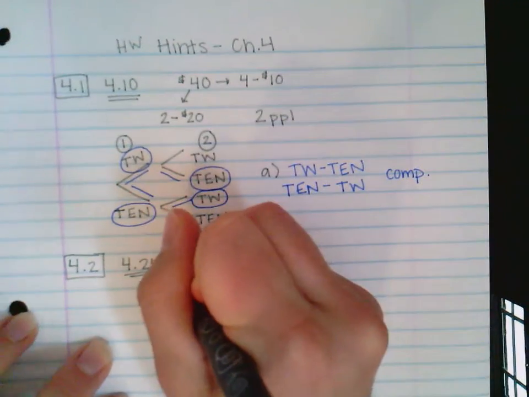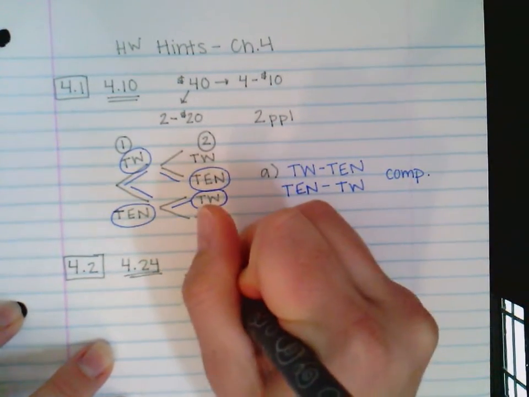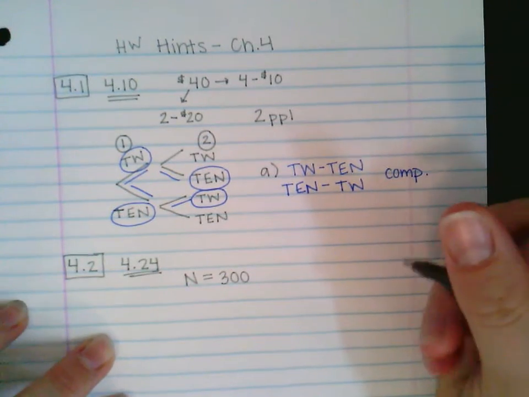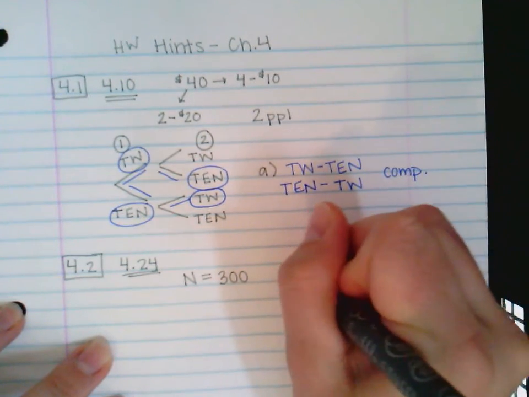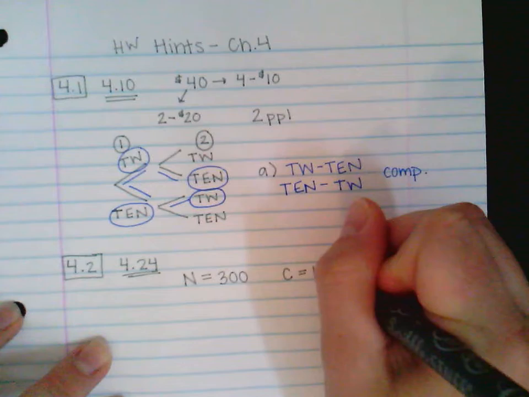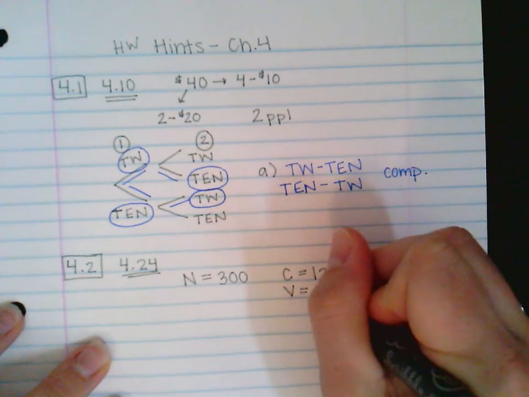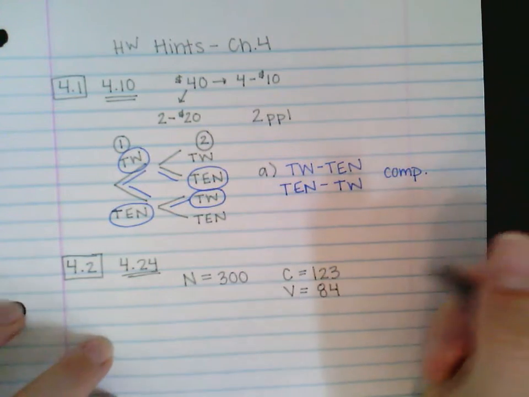So I'm going to go ahead and say my total, N, is 300. And then it tells us some things about ice cream here. So 123 like chocolate and 84 like vanilla.